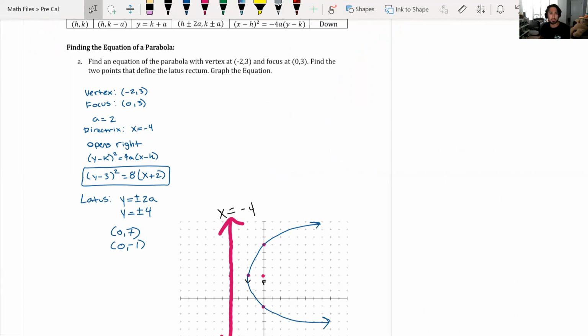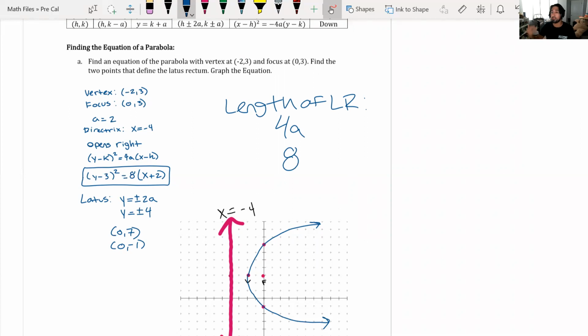Anyway, vertex, focus, lattice rectum. Oh, and one more way to prove that this is the lattice rectum. Remember that the length of the lattice rectum is 4a, right? Which means that would be 8 units in length because a is 2.